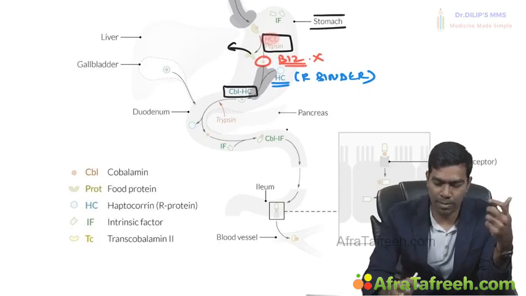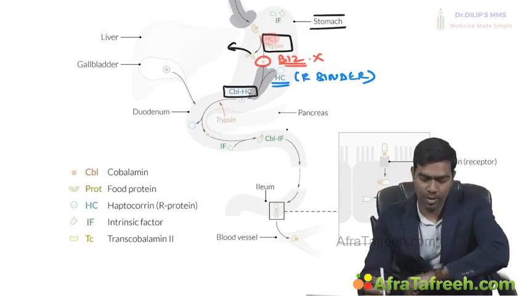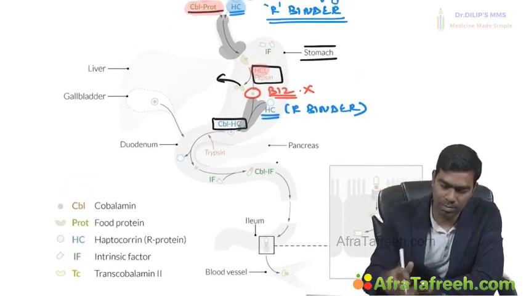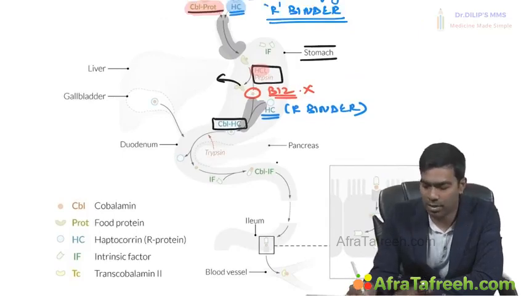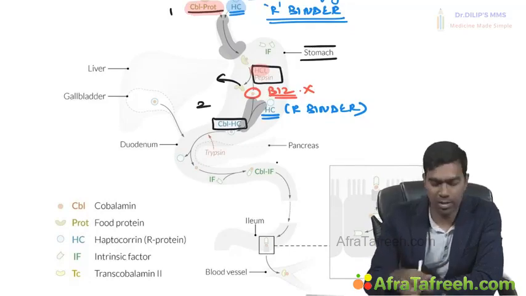So this cobalamin and haptocorin, once they bind with each other, enter the next process. Step number 1 happens in the mouth itself, and step number 2 happens in the stomach.